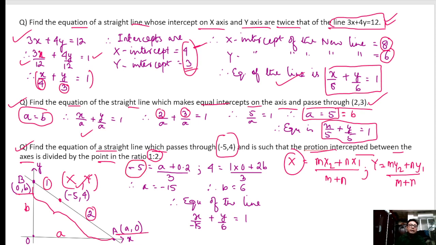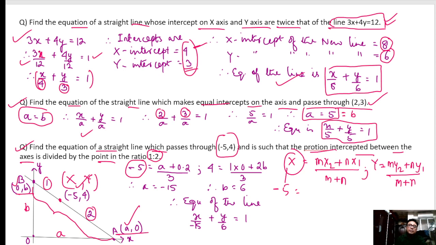Clear? Our x1 and x2 are these points. So this is my x2 and this is my x1, 0, and the division is 1. Our x coordinate we know is -5.